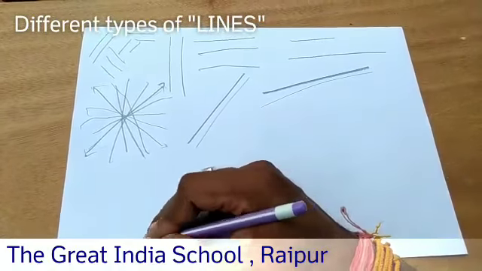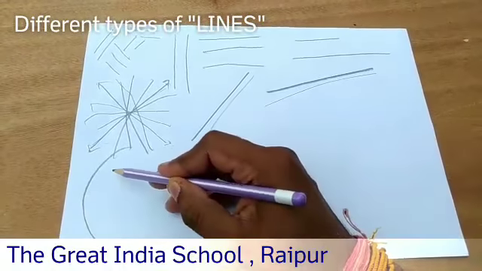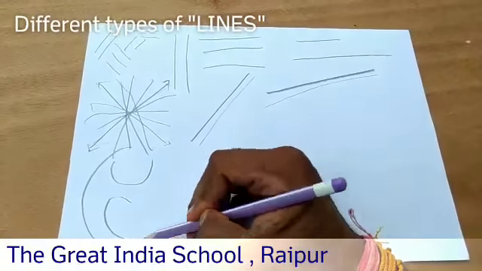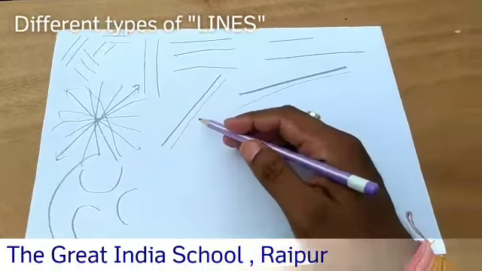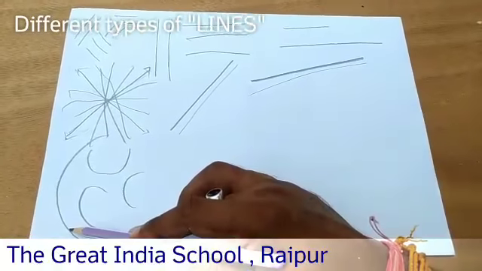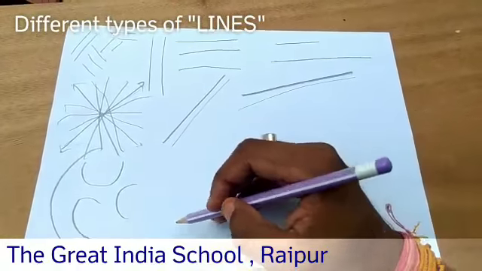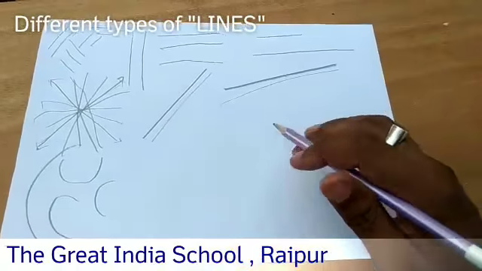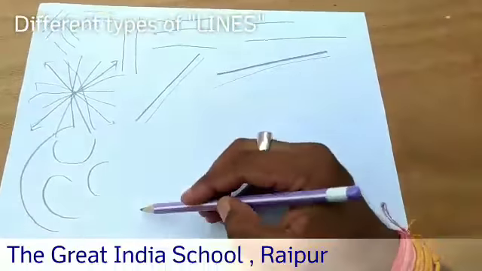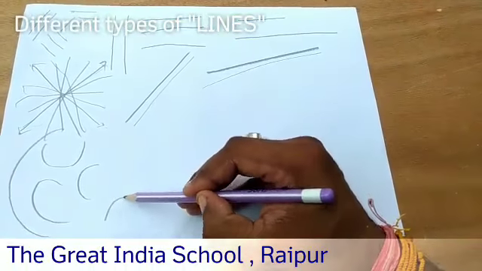Next we will come to the curve line. This is a curve, this is a curve, this is a curve. You can do any kind of curve, and this curve line we can arrange accordingly. It will become a curly line or wave line. Let's see how.